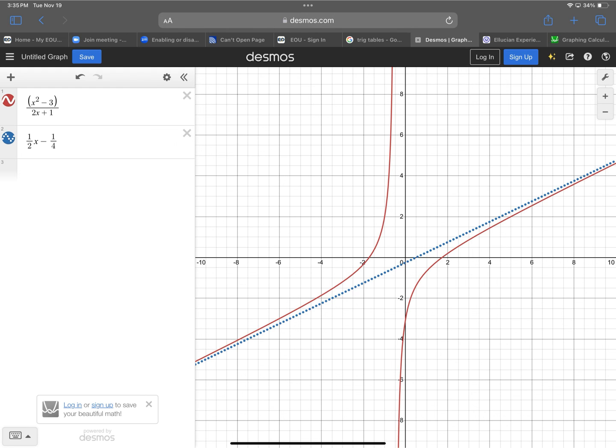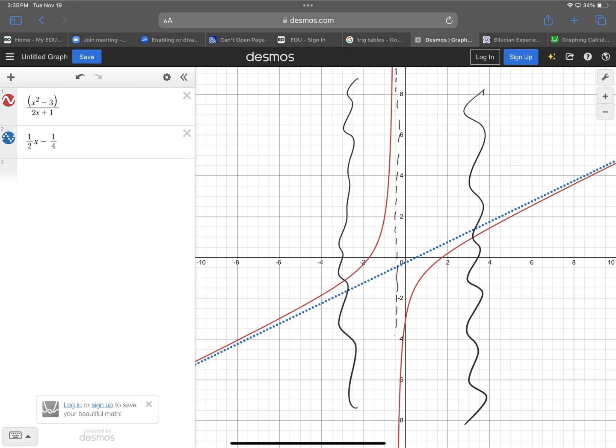And if you take out this middle part of the graph, from here to here, where the numbers are smaller, as the numbers get bigger, this gets closer and closer to this line. So this basically looks like that line. Then your vertical asymptote is right here at -1/2.